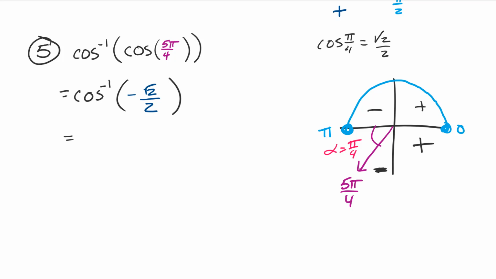Well, we could solve this. These are the tough ones that are going through your homework. These are the ones I would ask you on the test. We would say that the answer to that one is actually 3 pi over 4. That's the angle in the second quadrant that has the same reference angle.